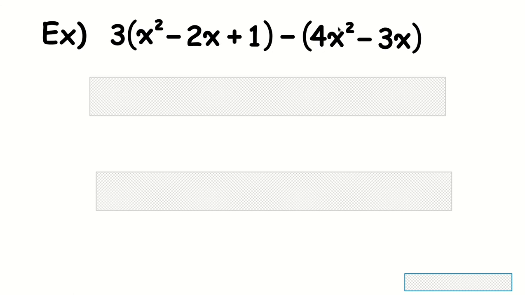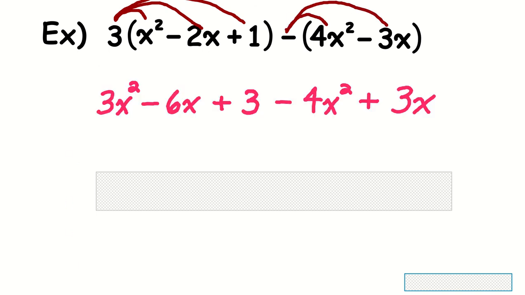Nothing really new about this example, but here we're going to have to watch this, it's kind of cool, distributing the 3 to all those terms, and then distributing this -1 to all those terms. You might want to actually write out this little visual here. And so clearing the parentheses gets us there. 3 times x squared is just 3x squared.